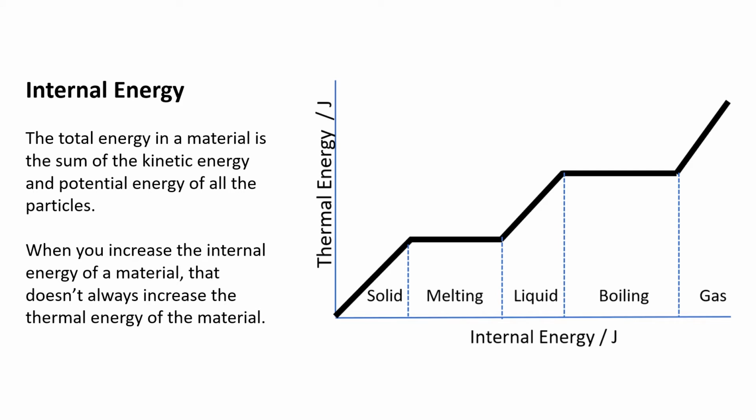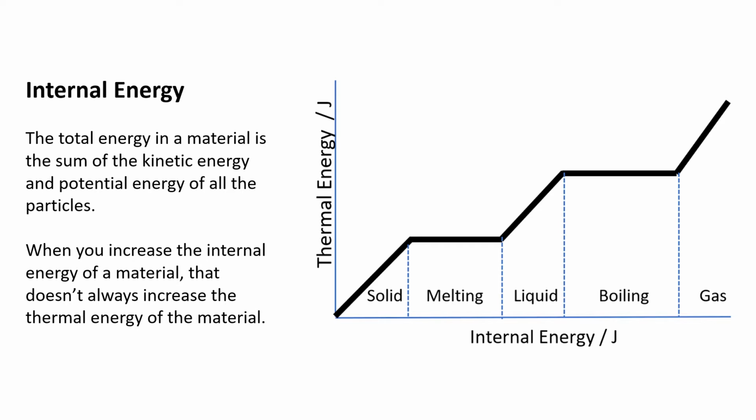So if we look at a similar graph, if we increase the internal energy of a material, again we could do this by heating, the thermal energy will not always increase. So the total energy in a material is the sum of the kinetic and potential energies of all the particles. So that's the total amount of energy, that's internal energy.